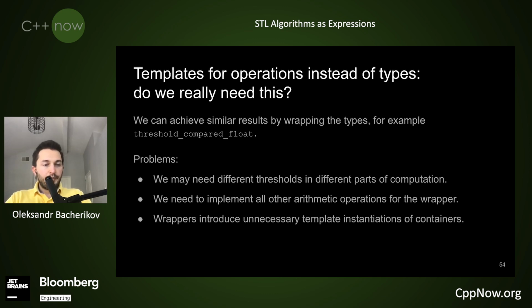First of all, we may need different thresholds in different parts of computation, and it's not clear how to manage this. Next, we need to implement all other arithmetic operations for this wrapper, including operators, math functions, and so on. So a lot of boilerplate code. And also such wrappers introduce unnecessary templates and instantiations of containers if we store such floats in the container. And this is clearly not the intention. We just want to take a regular float and change only how some operations are applied to it.